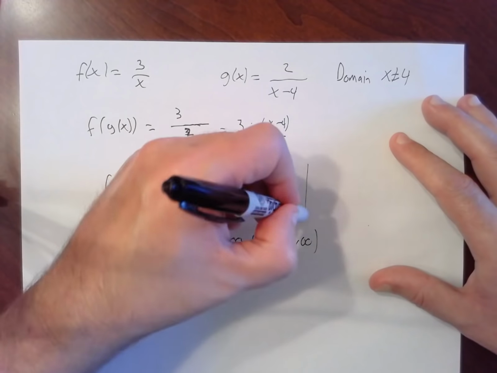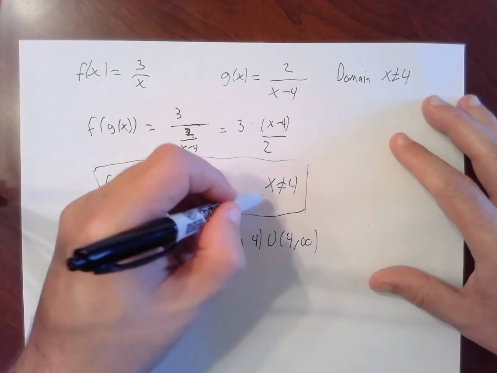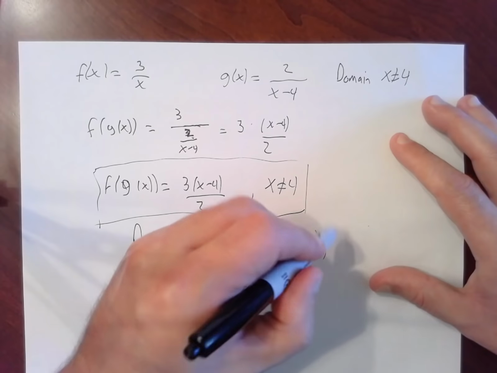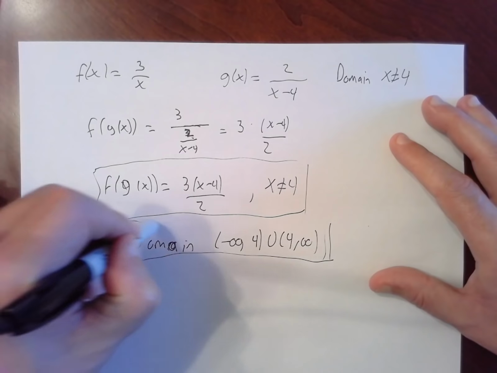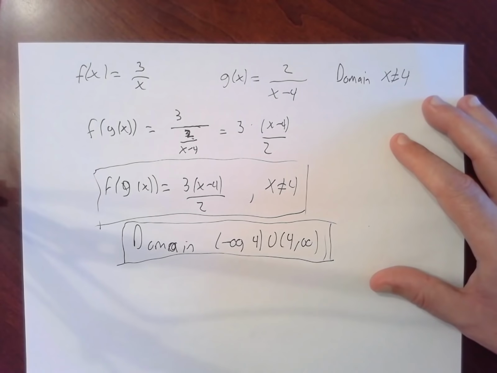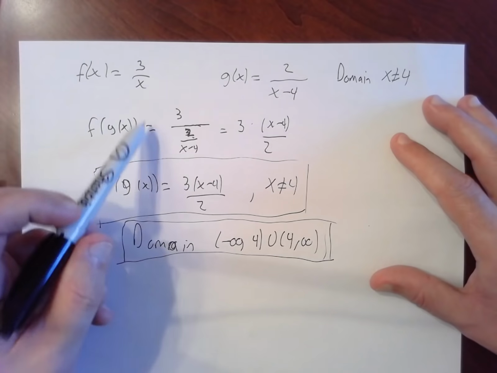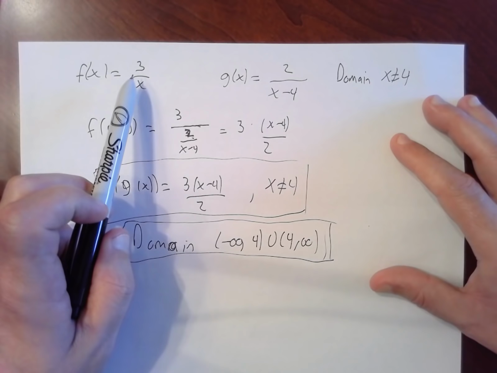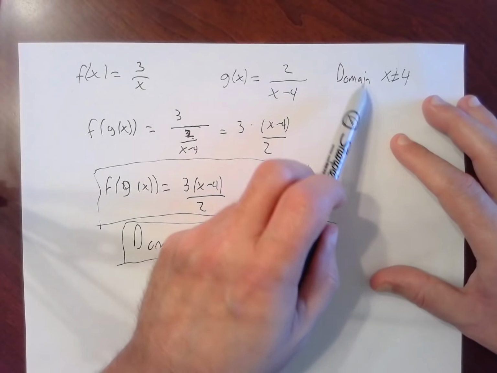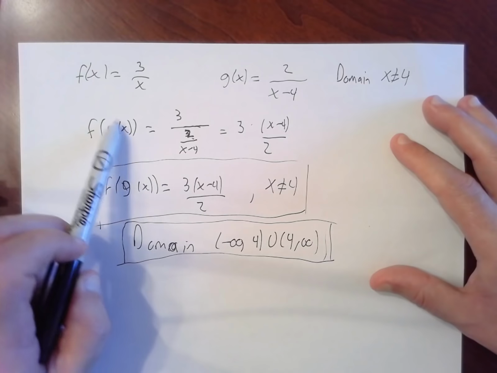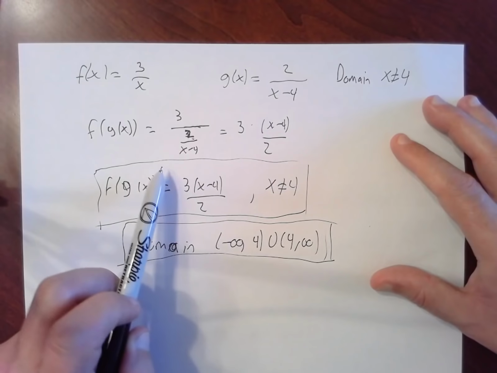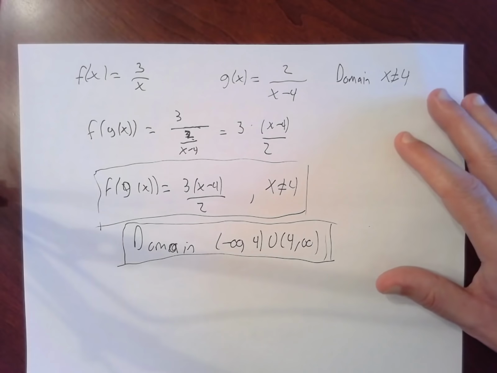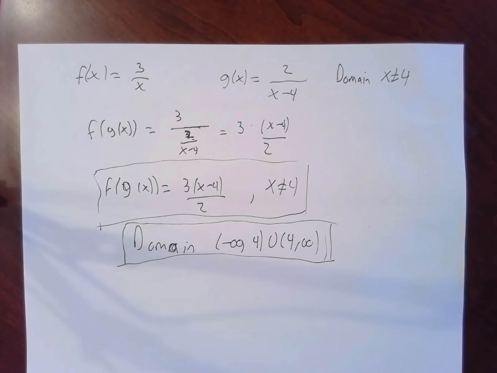So here's our function, with that restriction, x is not allowed to be 4 because it was excluded from g. And here's the domain of the final function. And you may be wondering, wait a minute, what about f? F has domain restrictions. Yeah, I took care of that by looking at the domain of the inside and looking at the domain of the final answer. I've taken care of any issues f might have had as well. Okay, that is composition of functions.